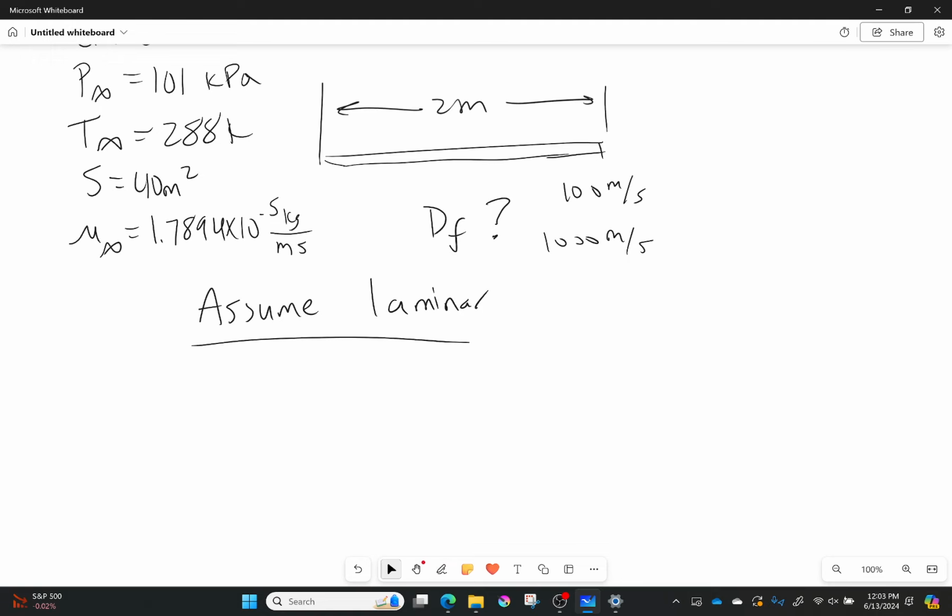First off, this is laminar, by the way, our overall skin friction coefficient, which we need for laminar flow. This is not the lowercase c, that is a capital C. It is 1.328 over the square root of my Reynolds number based on the full chord.